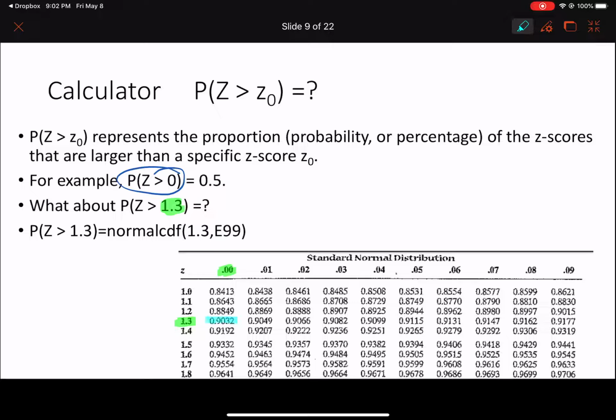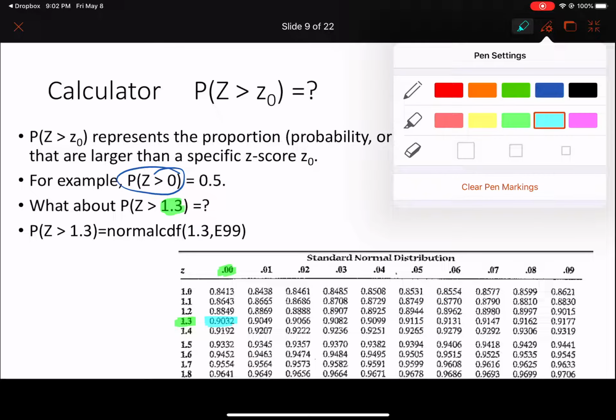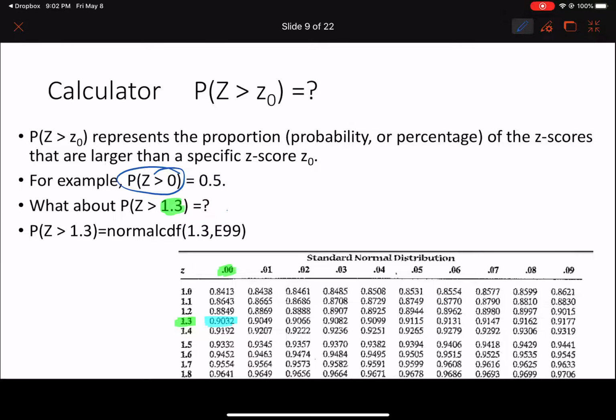So that would be right here, 0.9032. So I got 0.9032. If I put that in my calculator, I should get the same thing. If you put that in your calculator, do the 1.3 E99, you will get the same thing. All right, let's move on.